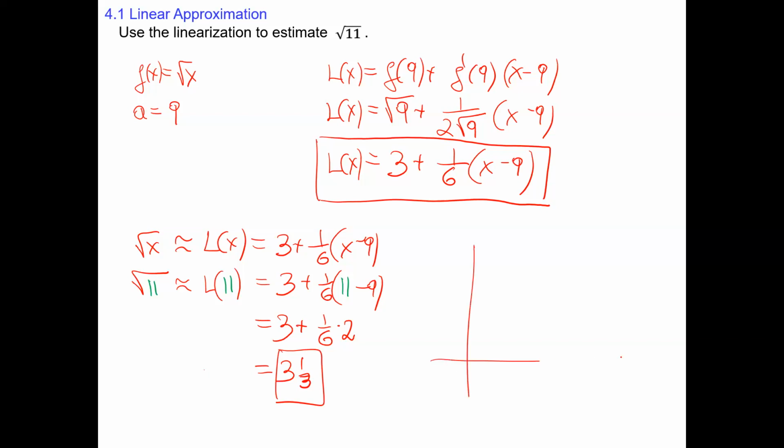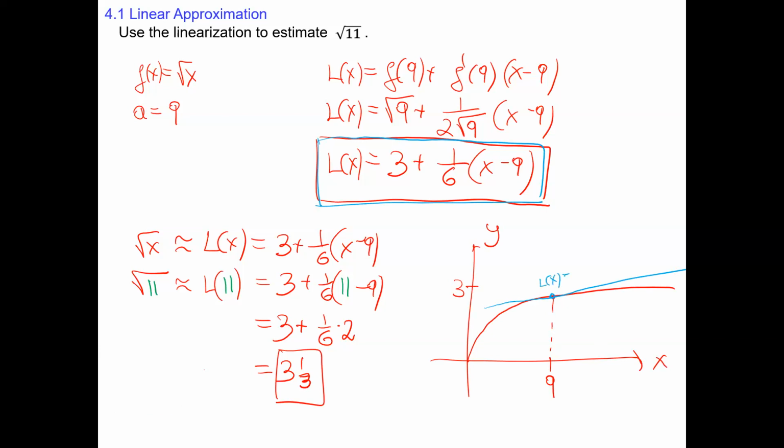And if we'd like to see if the approximation is good, or in case we are asked for the overestimation or underestimation, that's when we use this linearization, the tangent line.